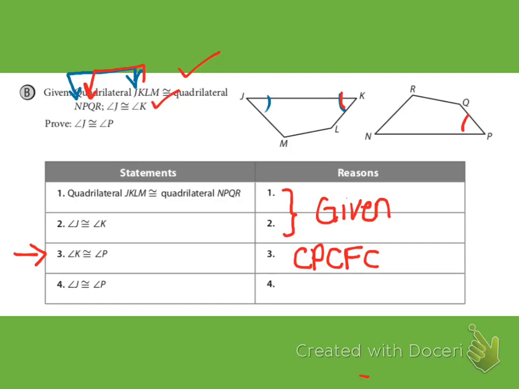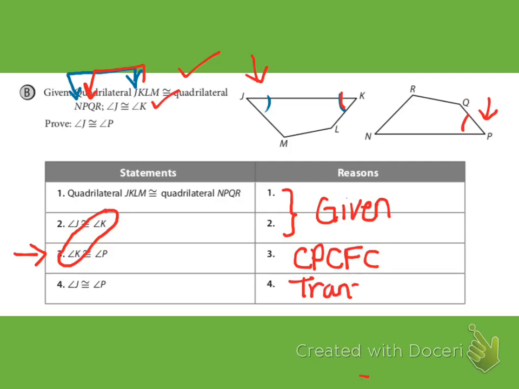And so now, what we're trying to prove, remember, was this one right here and this one right here are congruent. Well, I know that J and K are congruent. I know K and P are congruent. So if you look back, you see how they have something in common here? They both, J and P, are congruent to K. And so we can link those two statements together to say J is congruent to P using the transitive property.